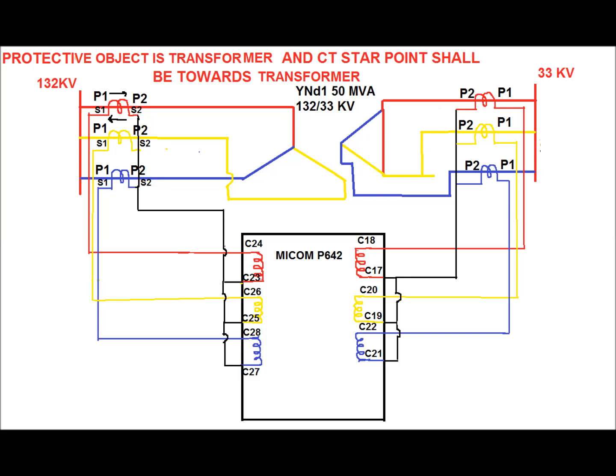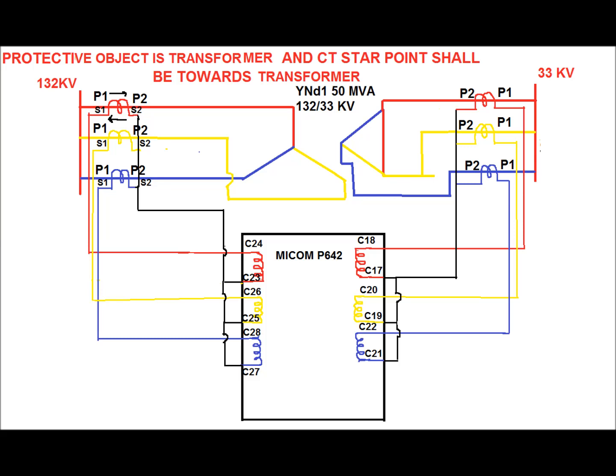Similarly, for the LV side, P1 are taken to the bus side, and on the secondary side all the S1 are taken: for red phase to the C18 terminal, for yellow phase to C20, and for blue phase to C22. C17, C19 and C21 terminals are shorted together to form the neutral of the CTs and taken back to the S2 terminal of the CTJB of red, yellow, blue phase respectively.